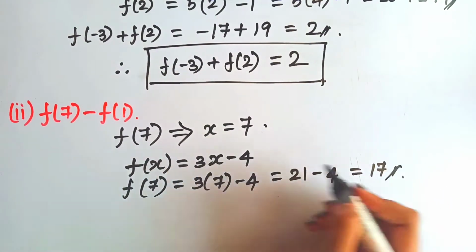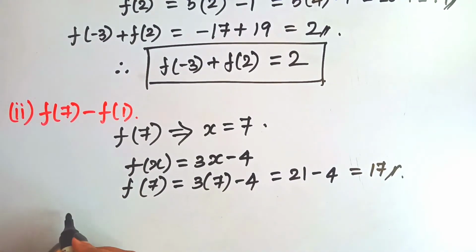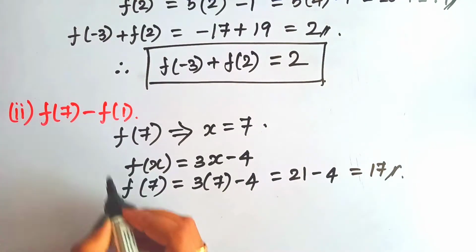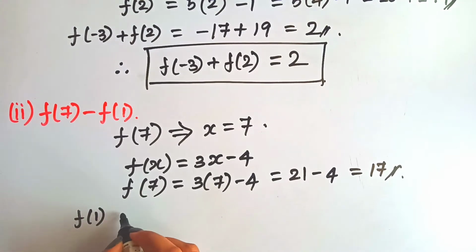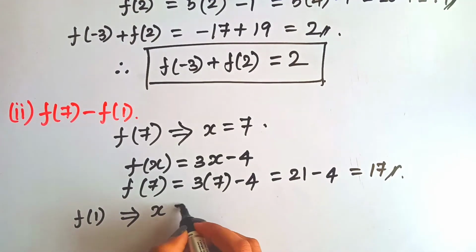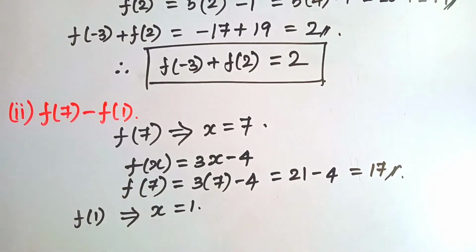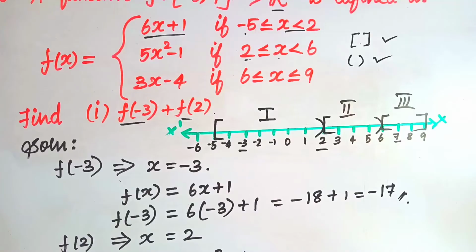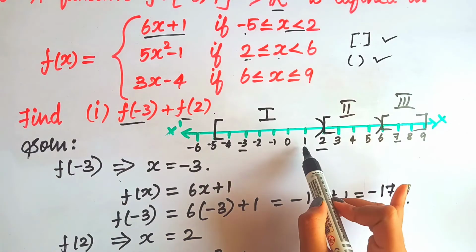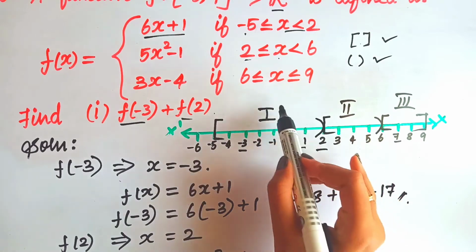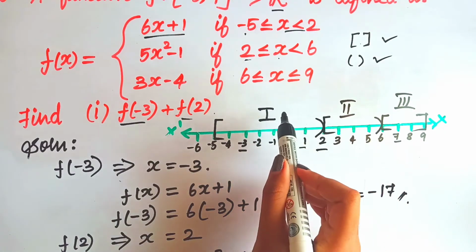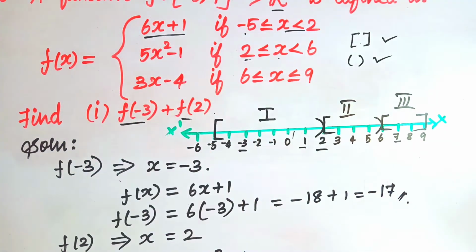Okay, so first we have found f of 7. Next we have to find f of 1. So f of 1 implies x is equal to 1. So we have to find x equal to 1 on our number line. Here it's 1. So x is equal to 1 is in the first interval. So we have to use 6x plus 1.